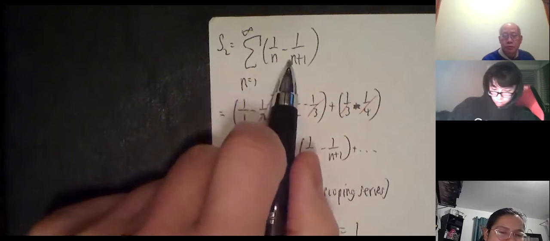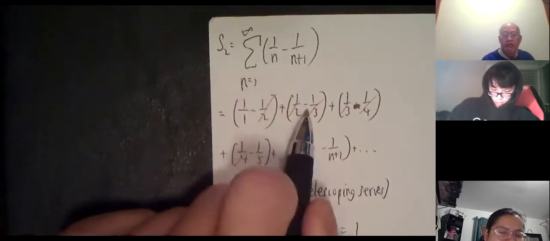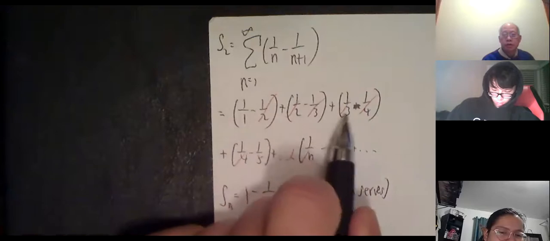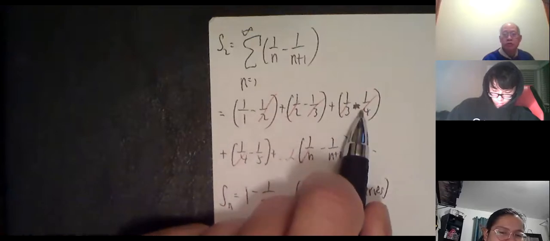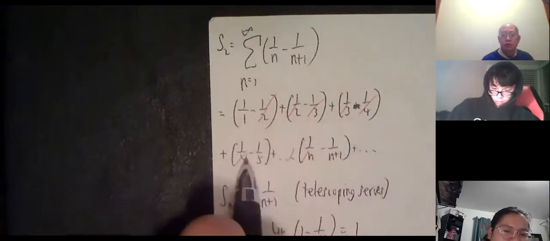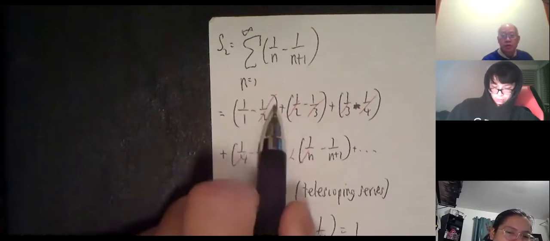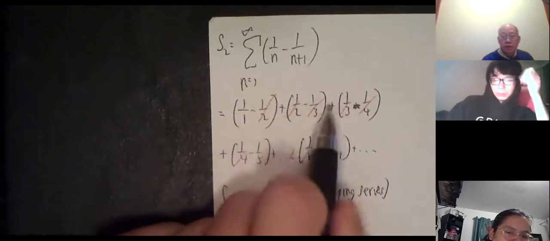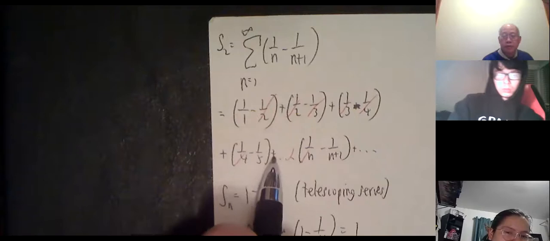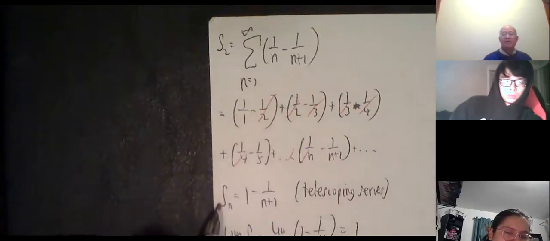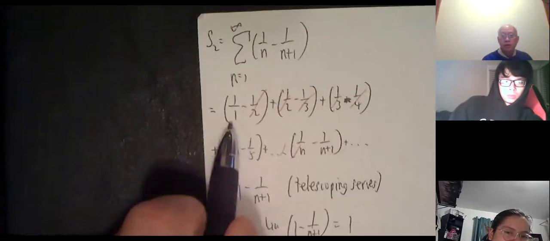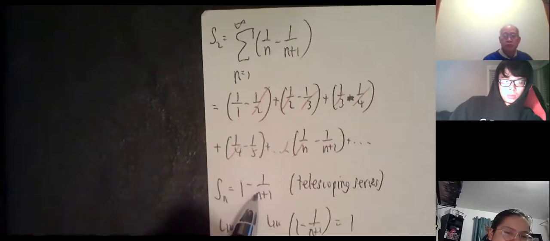It's 1 minus a half plus 1/2 minus a third plus 1/3 minus a fourth plus 1/4 minus a fifth. And notice these in-between guys all cancel out. Okay? So S sub n is just 1 minus 1 over n plus 1.